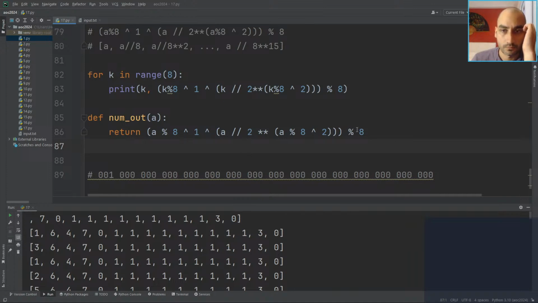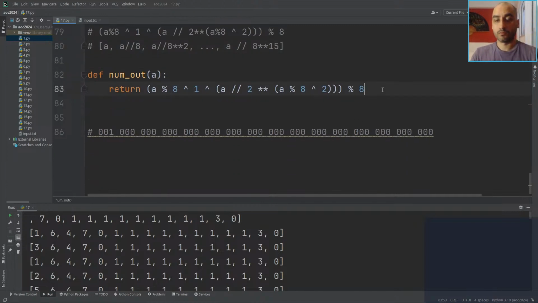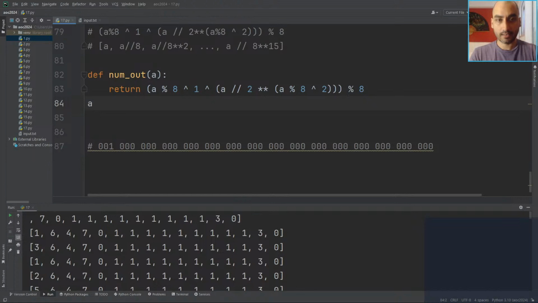So get rid of this. Okay, so our A, call it our R, is going to be none times 16.